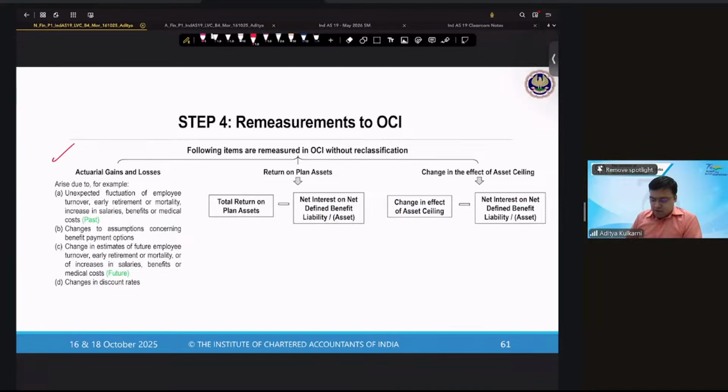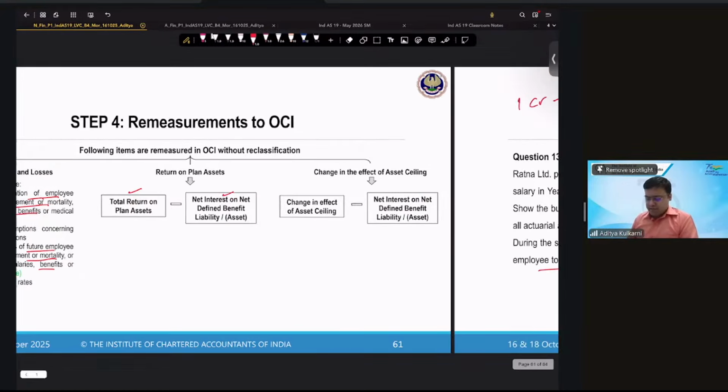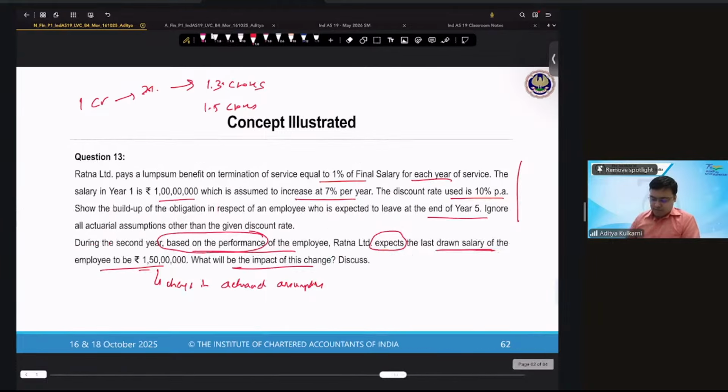Fluctuation of turnover, retirement, salary increase, or change in future turnover, change in discount rates. What is your return on plan assets? Total return minus net interest. We have seen that, 202 in our case. Change in effect of asset ceiling, we will come to this later, but we have seen the effect already. We saw this question.